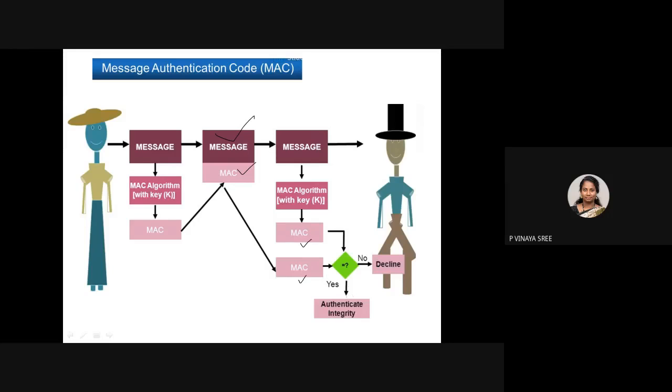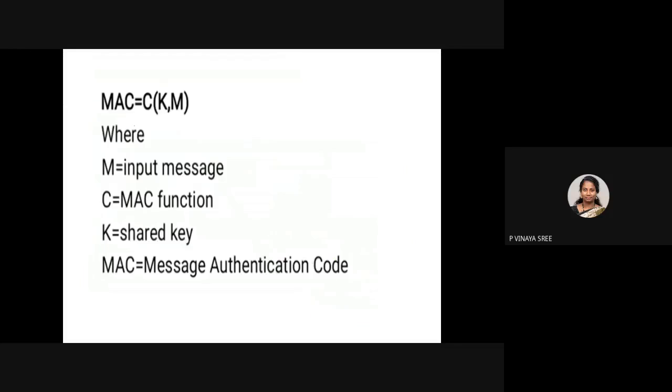Yes, it is from an authorized person, and there is no modification to that message. Okay, why? Because applying a key indicates authentication, and if the MAC that is generated is the same, that indicates that the message is not tampered with while transferring. Okay, so this we already discussed.